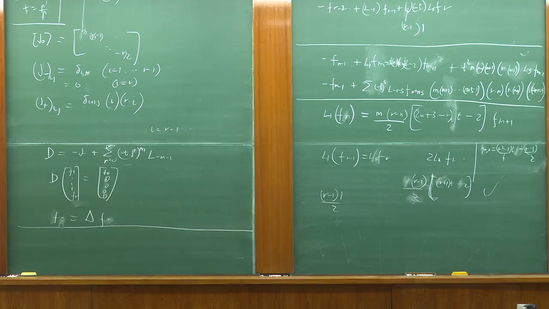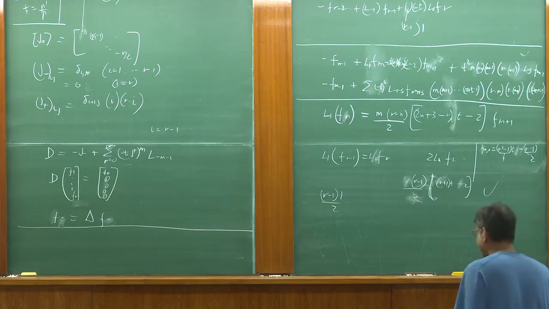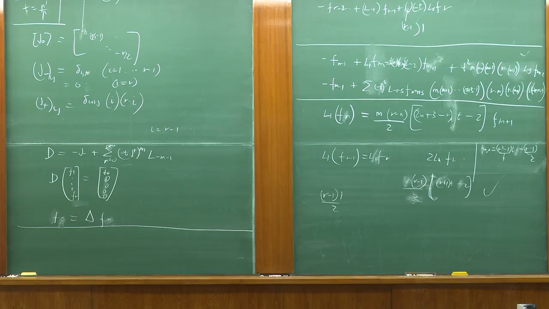When you work hard enough, you can do that. Just algebra. This then in particular establishes that F0 is annihilated by L1 because of that explicit factor of m. Is this clear?